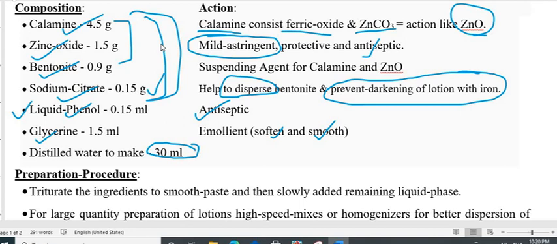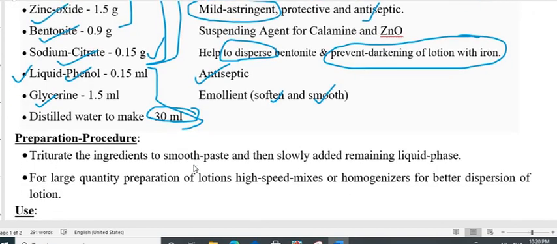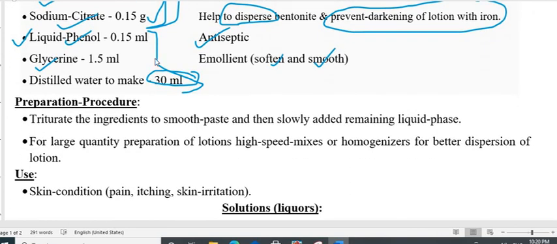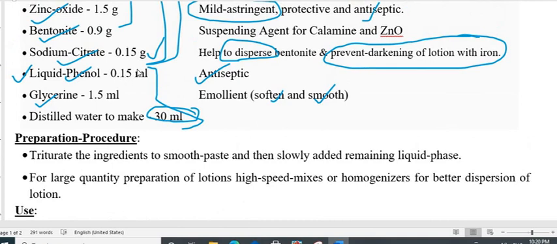Thereafter you put the liquid materials, liquid phenol, then glycerin, and finally add the distilled water, keeping it in the mortar and pestle to make the final volume 30 ml. But when you add the liquid items, you have to add slowly. This is another important point. After that you get the preparation.